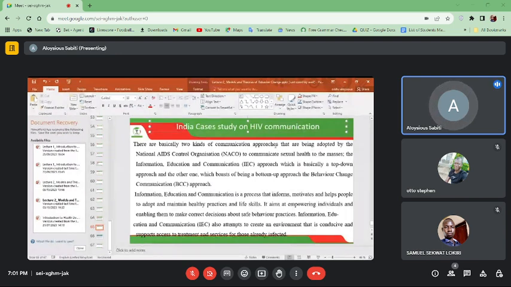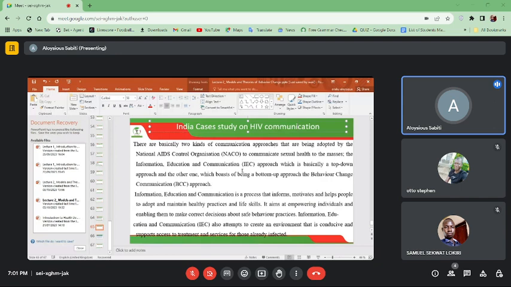So, this is just a brief of IEC and BCC. In the next slide, I made a table summary of IEC and BCC as approaches that India used in this case study.